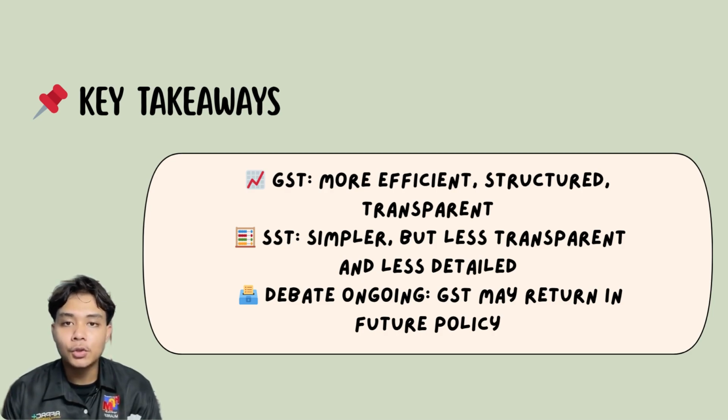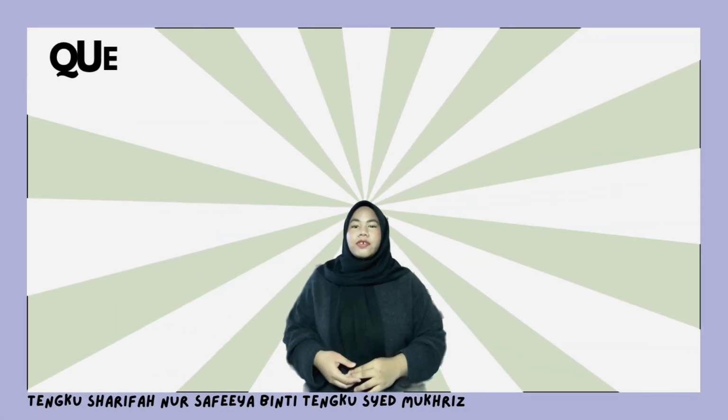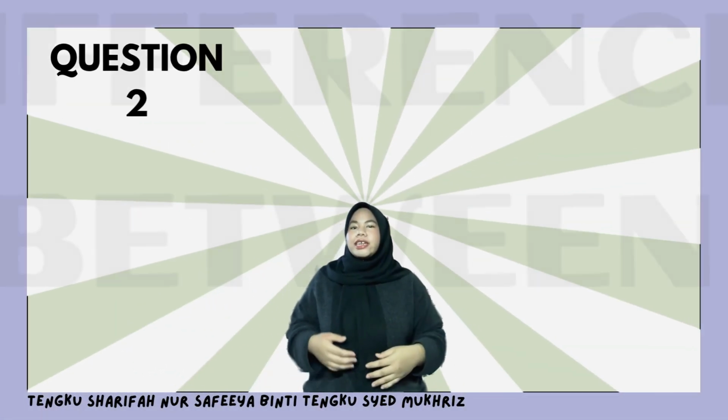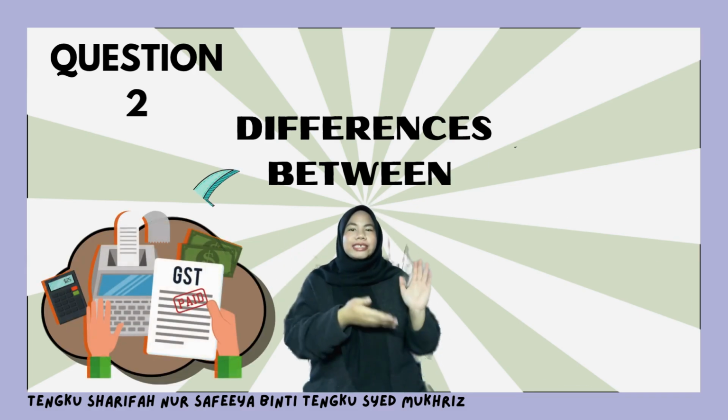SST is easier to manage and more business friendly, but it is less detailed and can lead to hidden costs. Although many experts and reports believe GST is better for the economy, its return is still being debated in Malaysia.